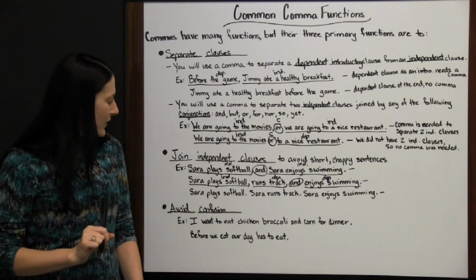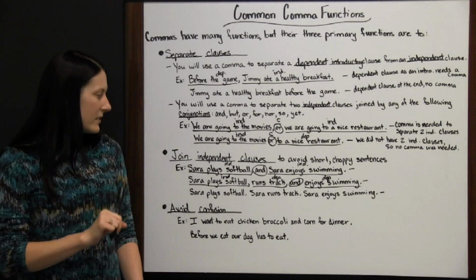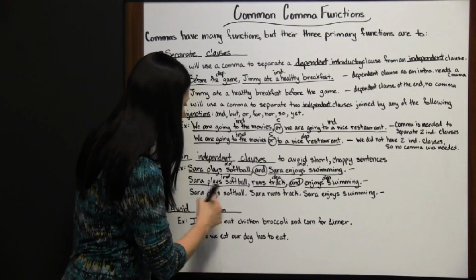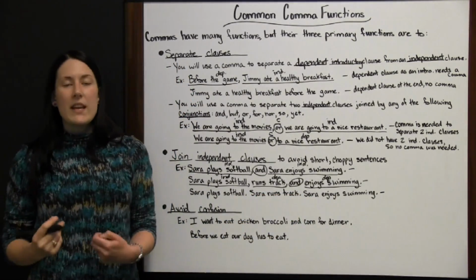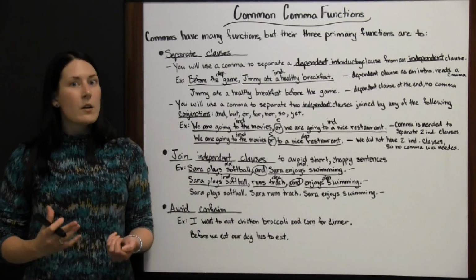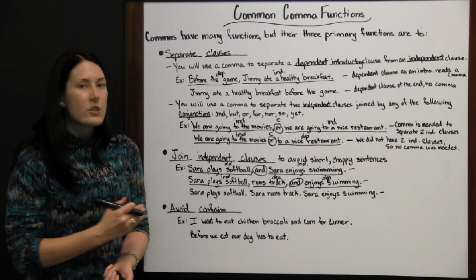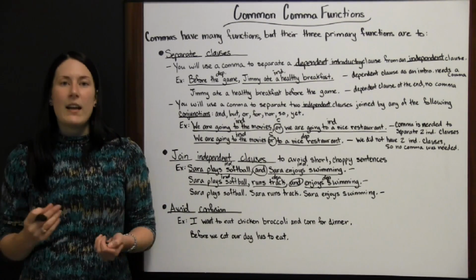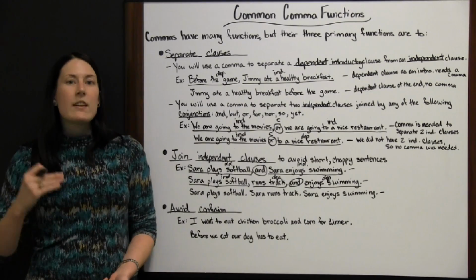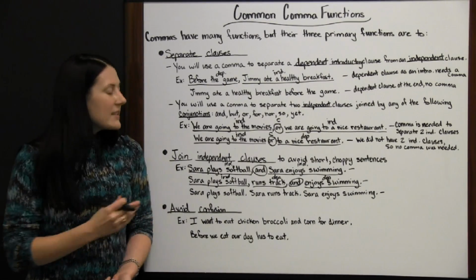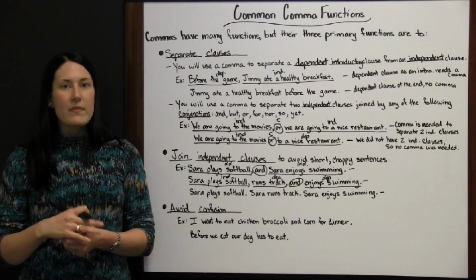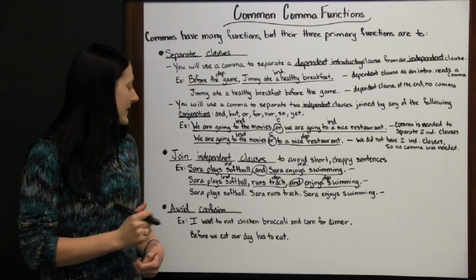And then let's look at the last version. Sarah plays softball, Sarah runs track, Sarah enjoys swimming. So all three of these are going to be independent clauses because they are complete sentences. But they're short, choppy sentences. We keep hearing Sarah over and over, and these sentences are short. We can combine them to make it a smoother flowing sentence.